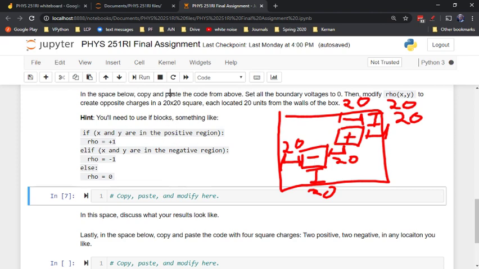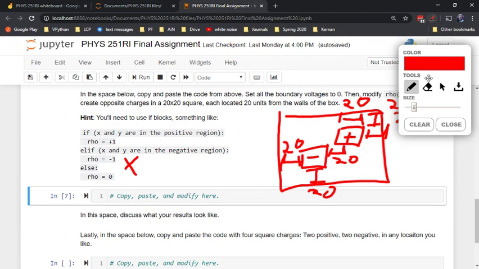So this needs to look something like if, actually I can do this better than that. Let me get my eraser up. So what that needs to look like is something like if, let's say we call this x left and x right.